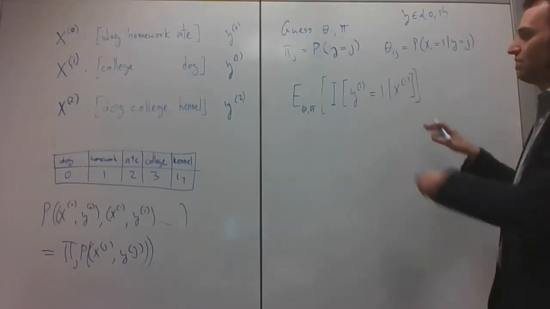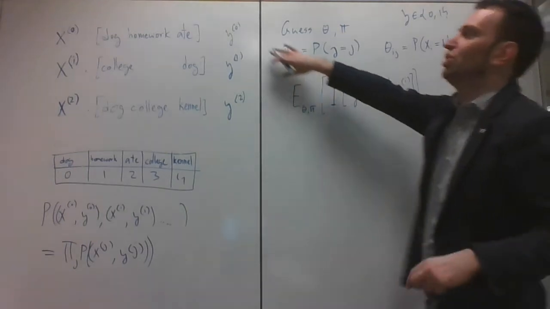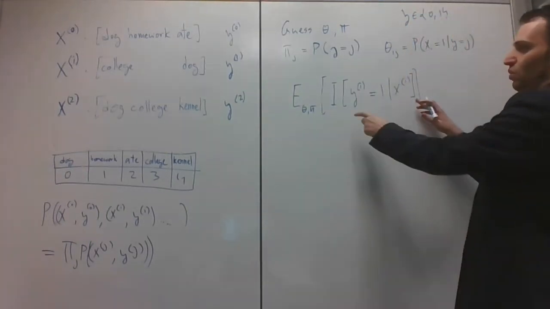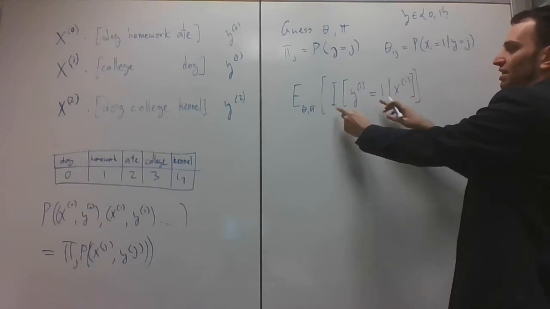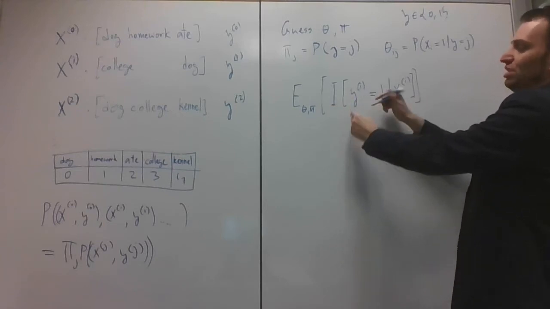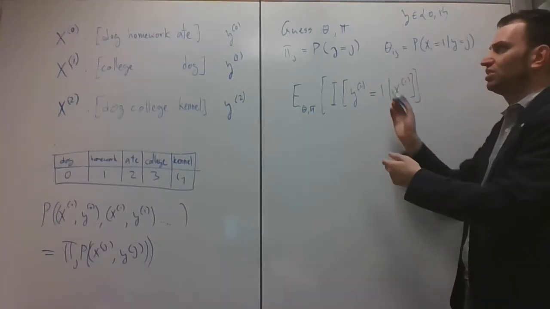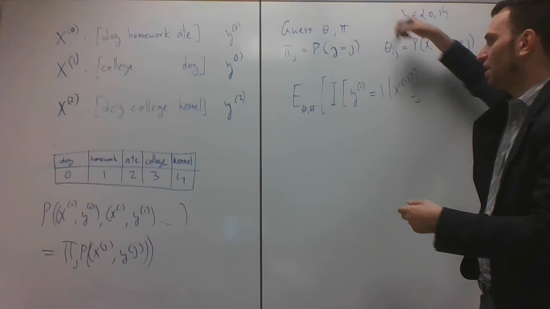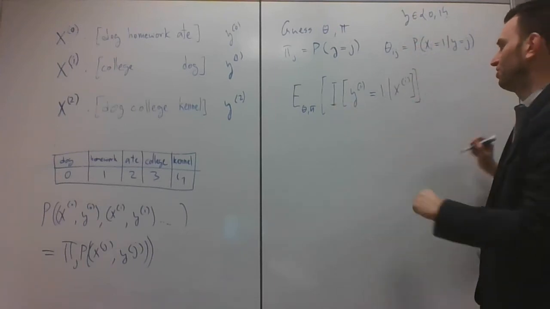Okay, so what is this? We don't know y, right? So we're left with just saying, well, if we knew y, this would either be 1 or 0, depending on whether yi is 1 or 0. But we don't. All we know is the theta and the pi and the x, and we're trying to compute this kind of expectation.